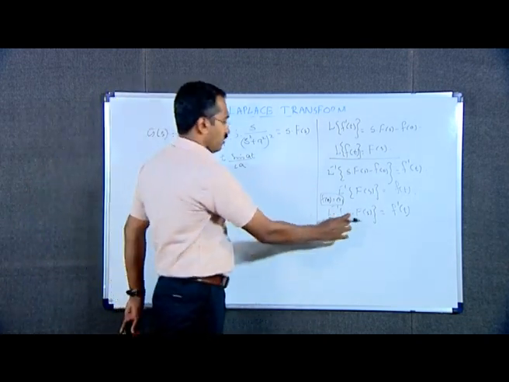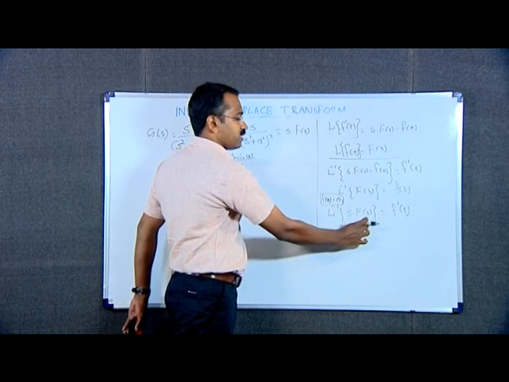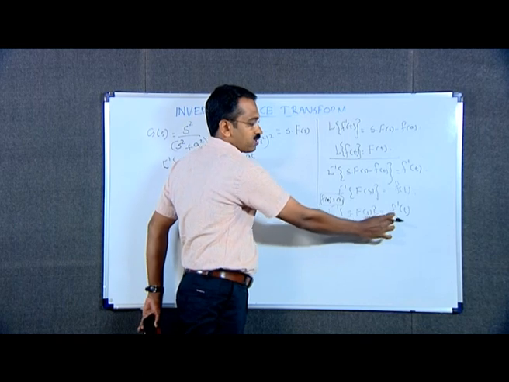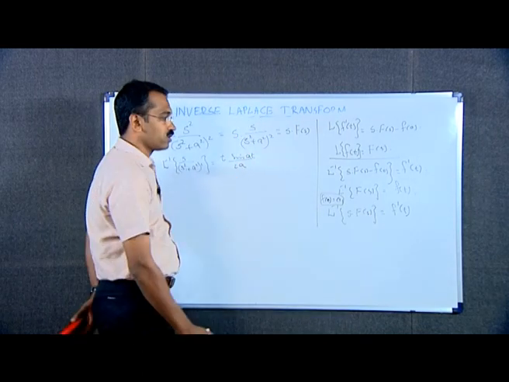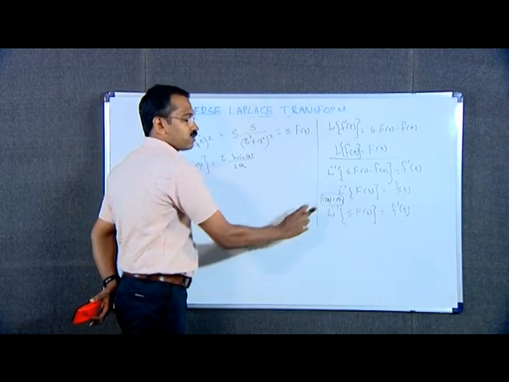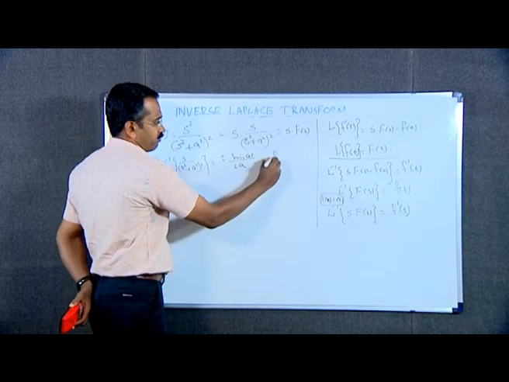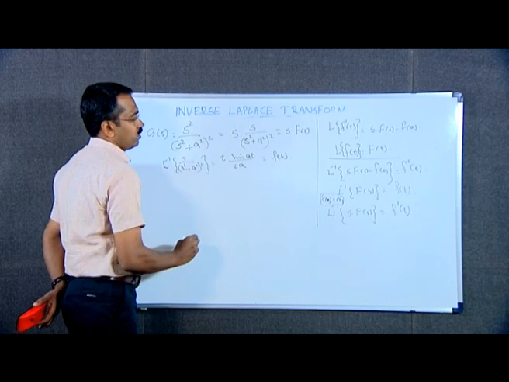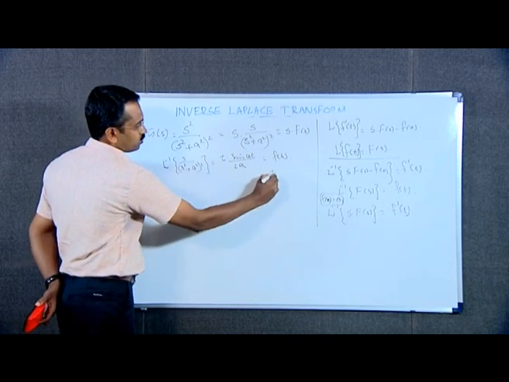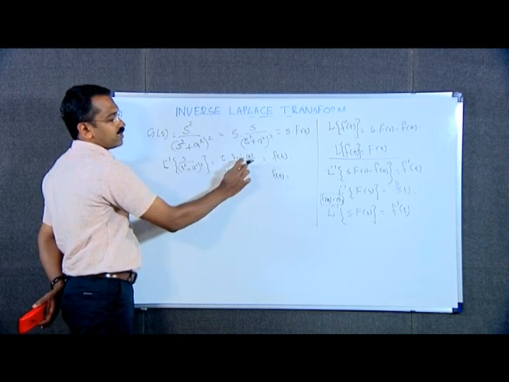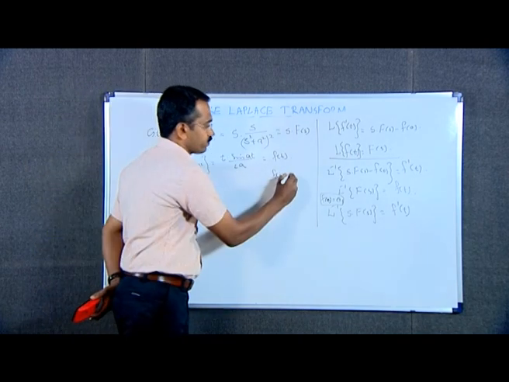Therefore, by this property we can write L inverse of s into F of s is equal to f dash of t, where f of 0 should be 0. Here this is f of t. f of 0 is equal to 0 into sin 0, which means 0.